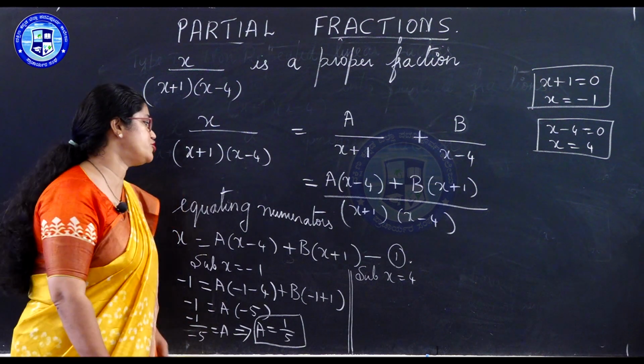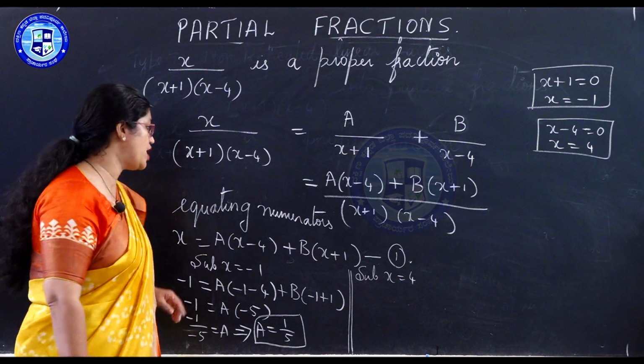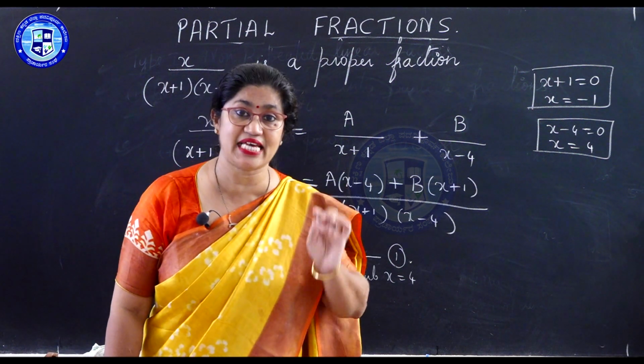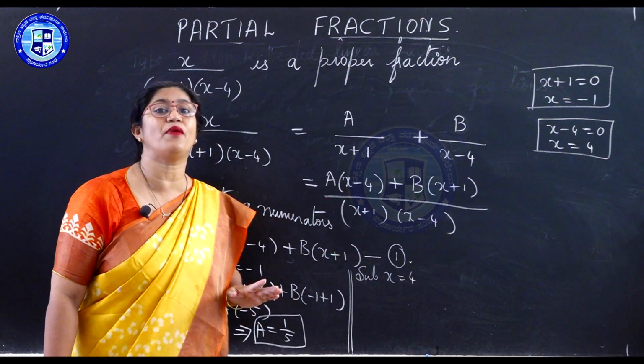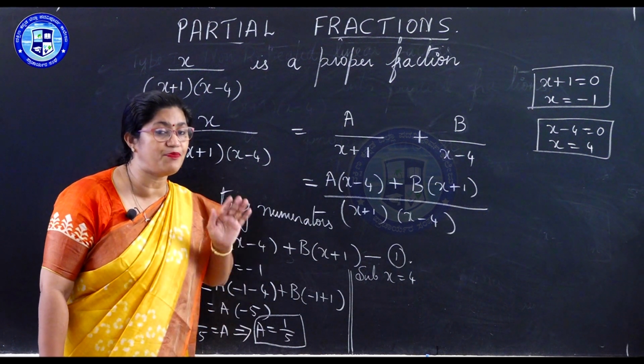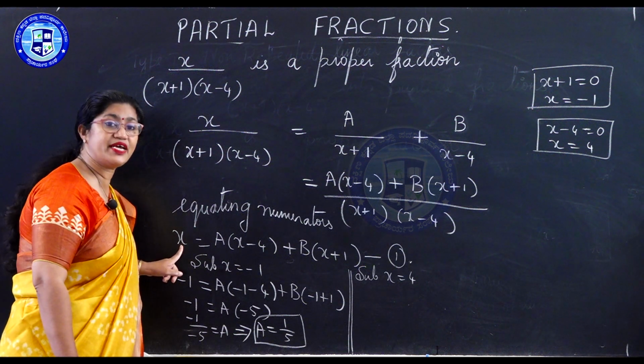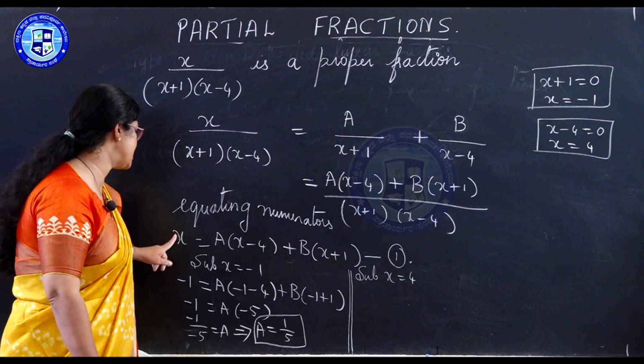Now if I substitute x is equal to 4, again in equation 1, wherever there is x, replace it by 4. All the x replaced by 4. Note this point. Now start here, left hand side, x is there, put x as 4.